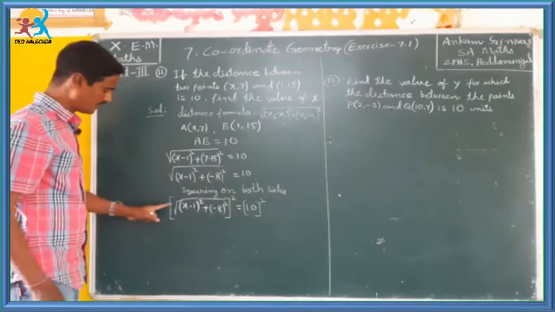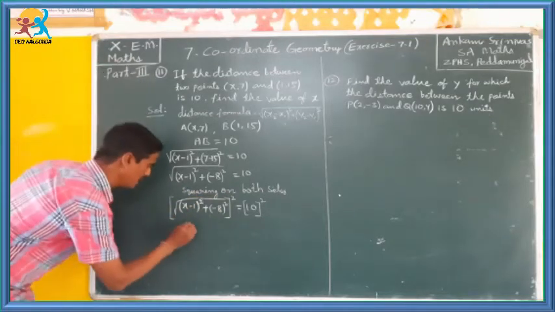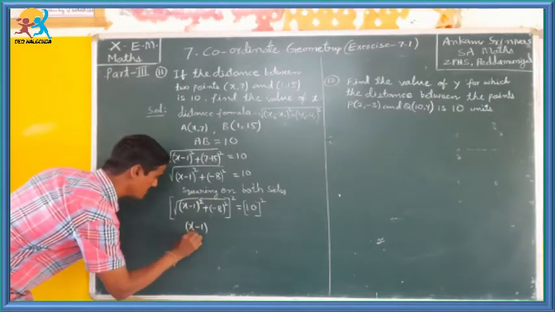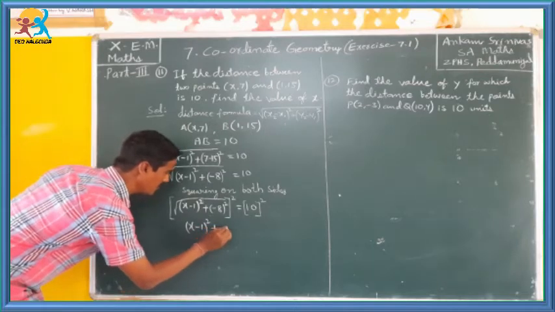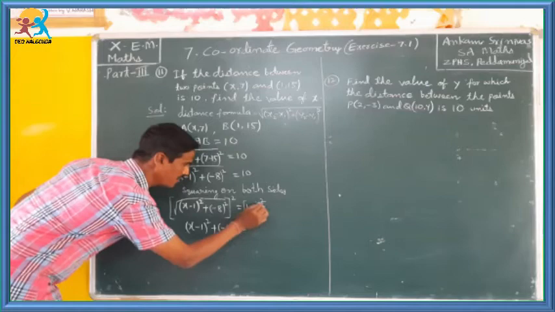Square root and square will be cancelled. We will get x minus 1 whole square plus minus 8 whole square equal to 100. 10 into 10, 100.